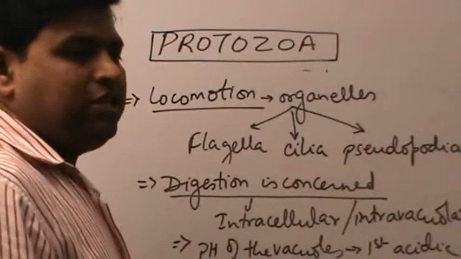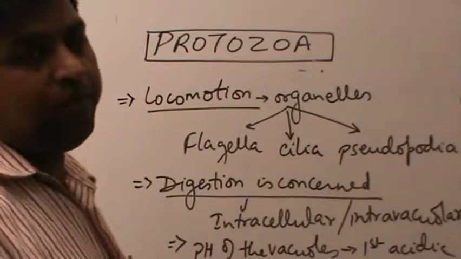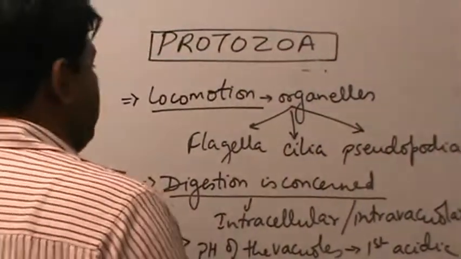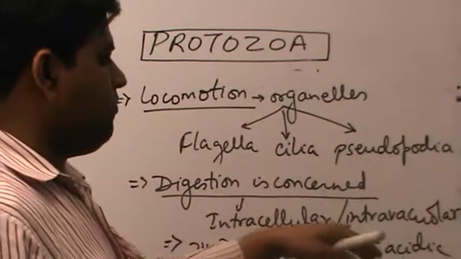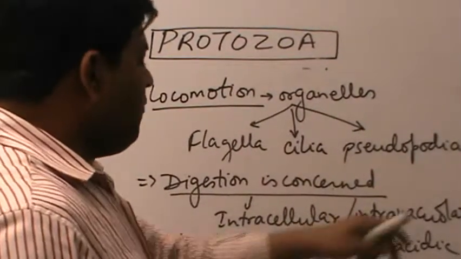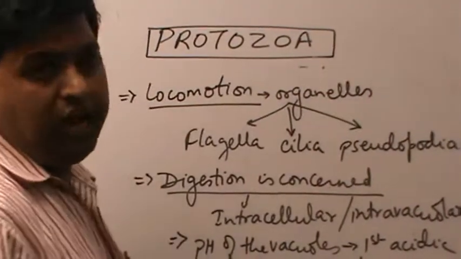So digestion is intracellular, within the cell and within the vacuoles, and the pH becomes acidic, then alkaline.